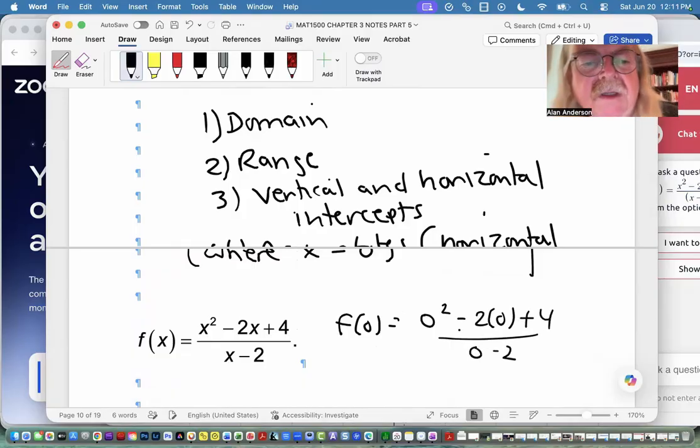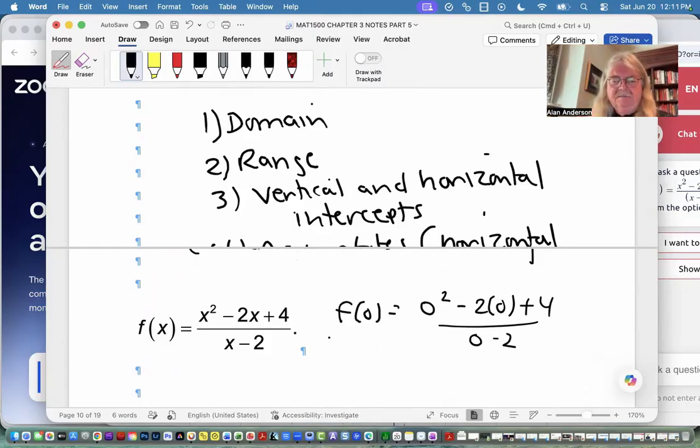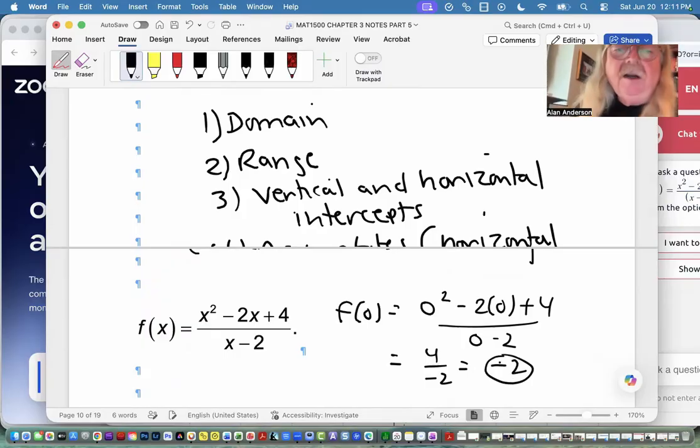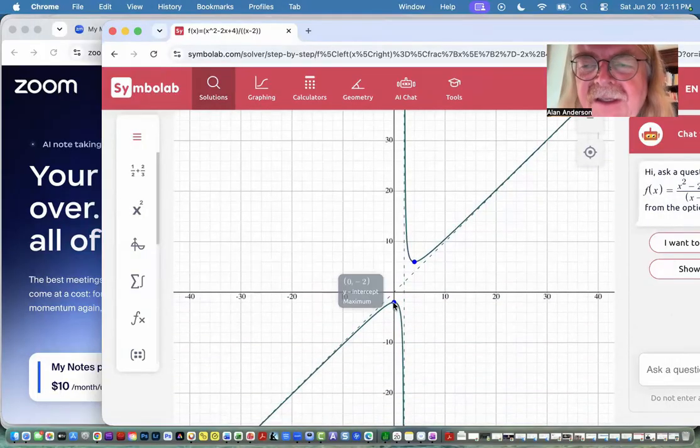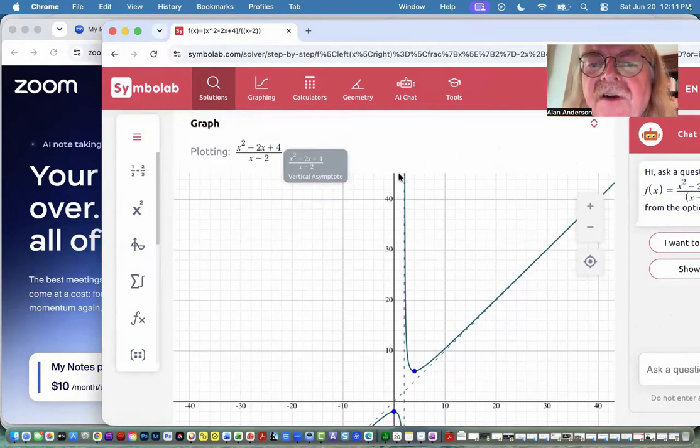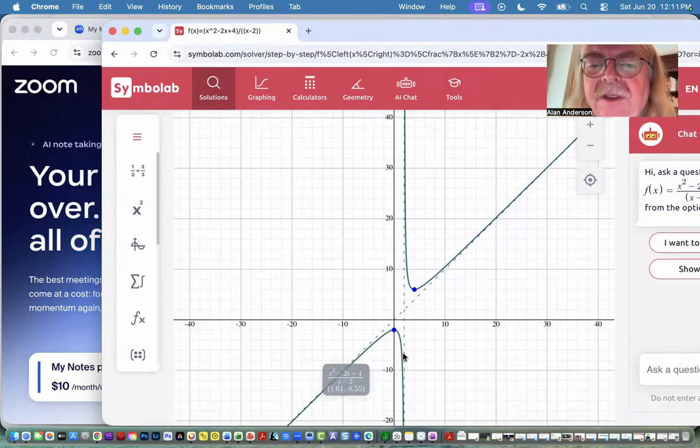What we're actually doing is replacing all the x's with zeros. So there's our vertical intercept, and we can confirm this down here. You can see that, yes, there it is. Up here, if you notice, the function does not actually reach the axis. It only crosses here.